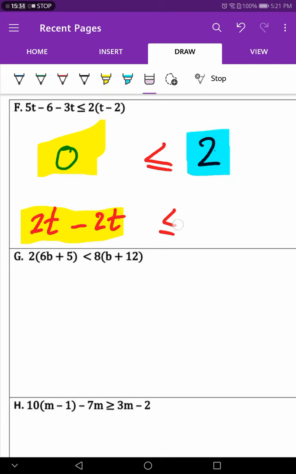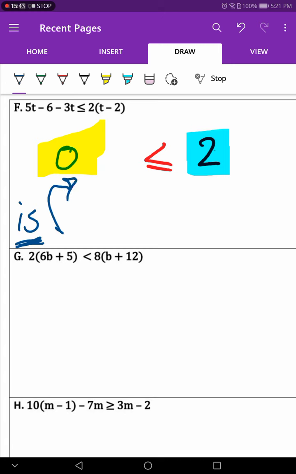Now, can you read it for me? And before you read, what is here? It is the question: is 0 less than or equal to 2? Yes, 0 is less than 2.